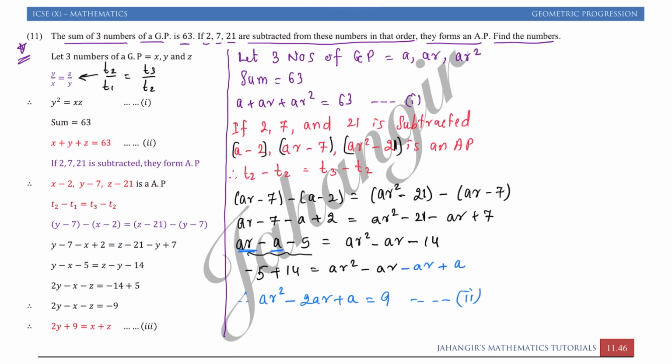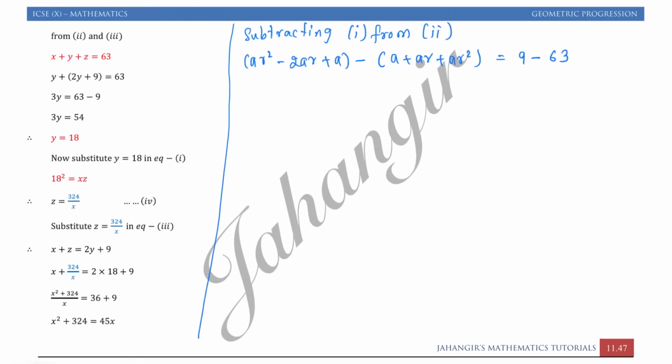Hope you had understood. This part I will mark with green. This part is subtracted with this part, and this part is subtracted with this part. Now open bracket, AR square minus 2AR plus A minus AR minus AR square is equal to 9 minus 63, which is minus 54.